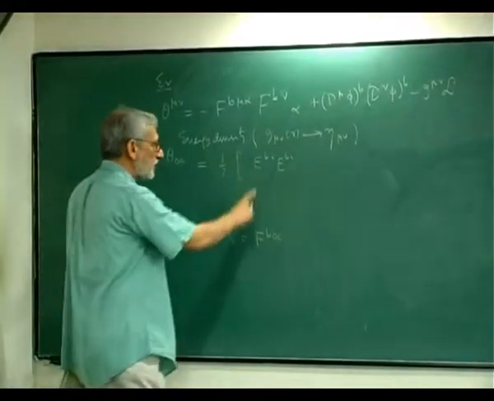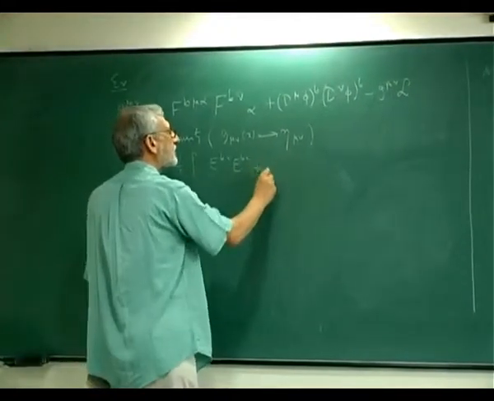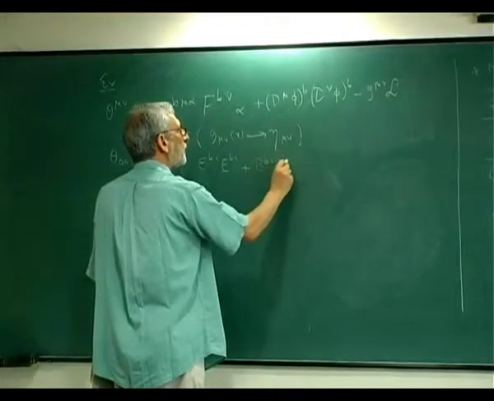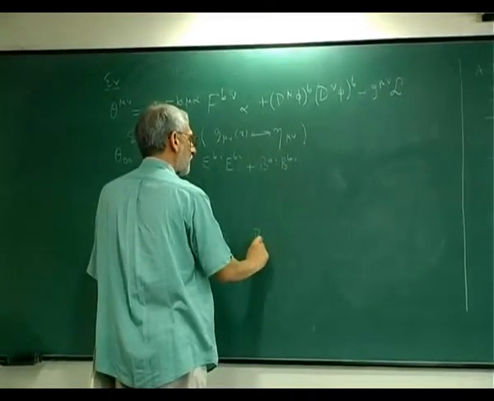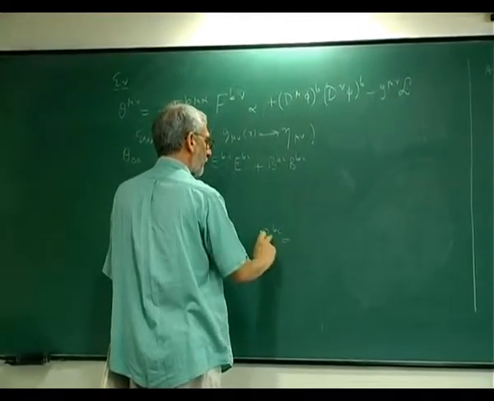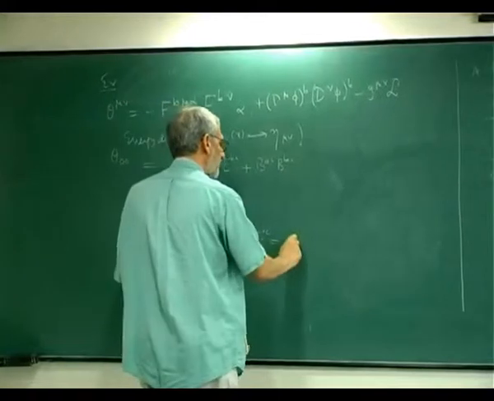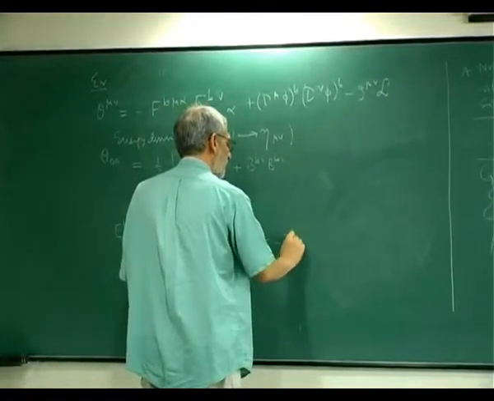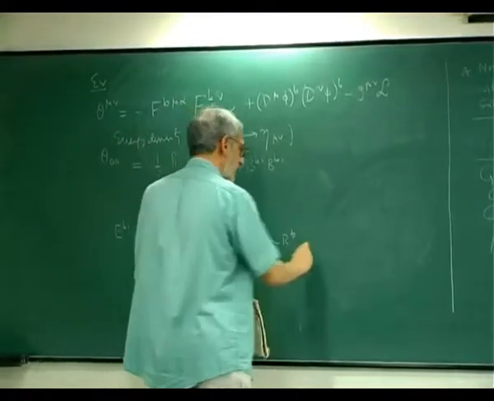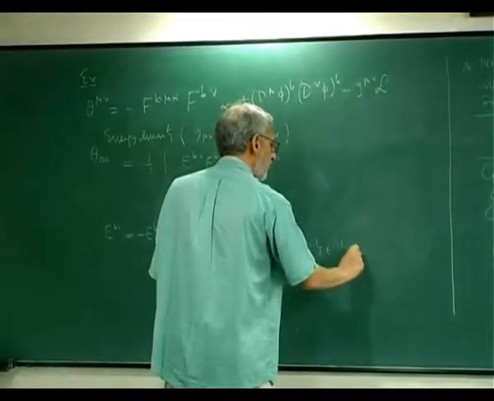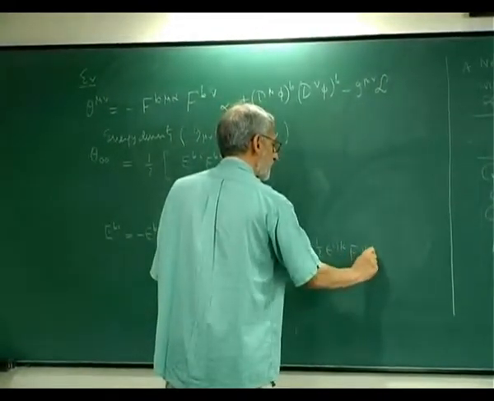So the square of this object plus square of B^B_i, and capital B^B_i is the same as B^B_i down, and that is minus half epsilon_{ijk} F^B_{jk}.